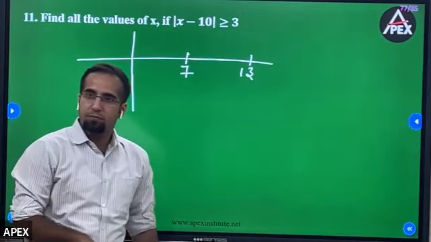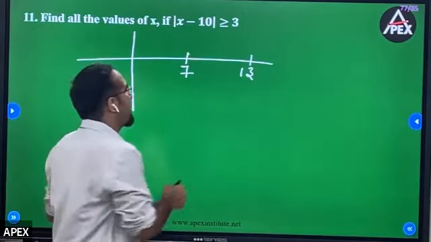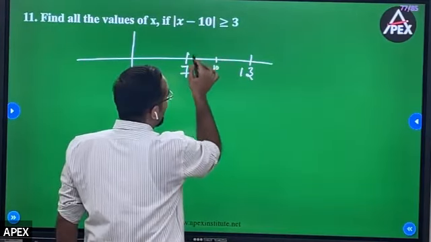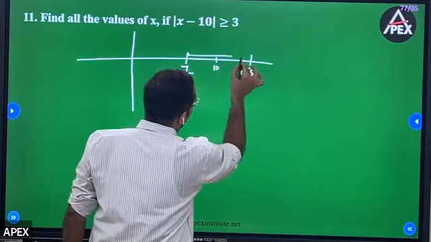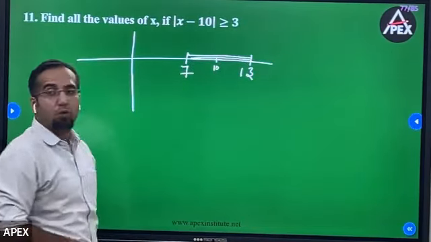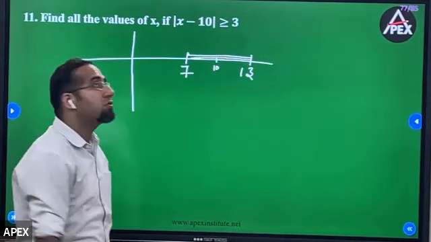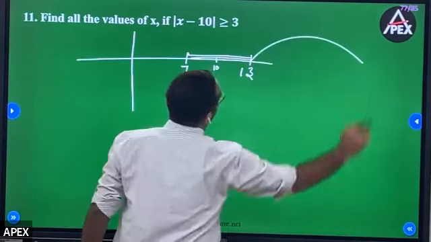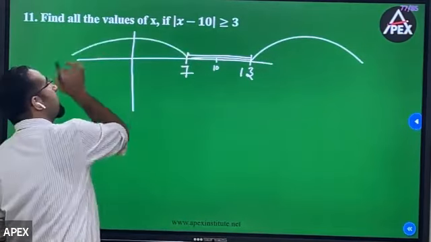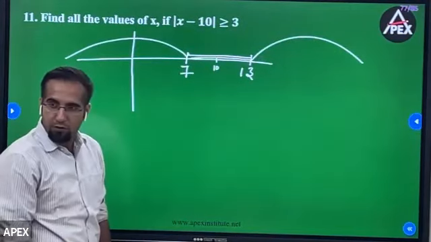Right? And you are sitting on 10, so it doesn't make a difference. Had the question told you less than 3, this zone would have been your answer. But the question is saying greater than or equal to 3, which means any value from here to positive infinity as well as any value from here to negative infinity will satisfy.